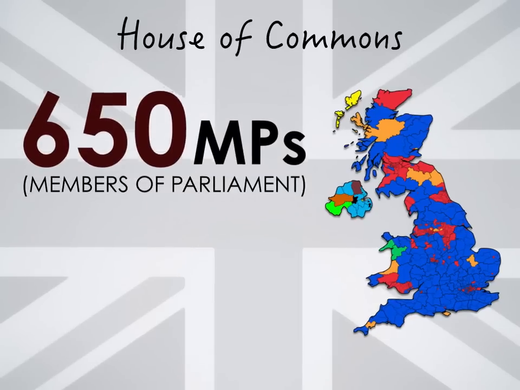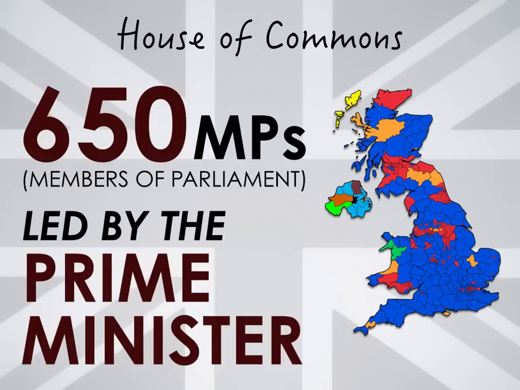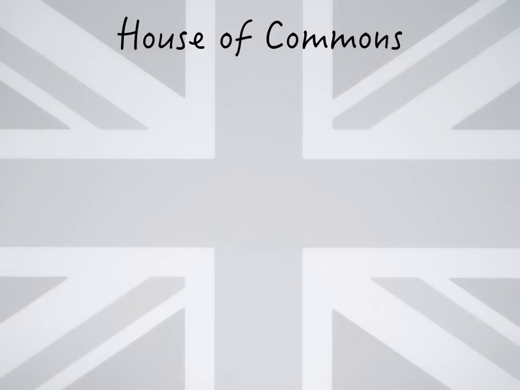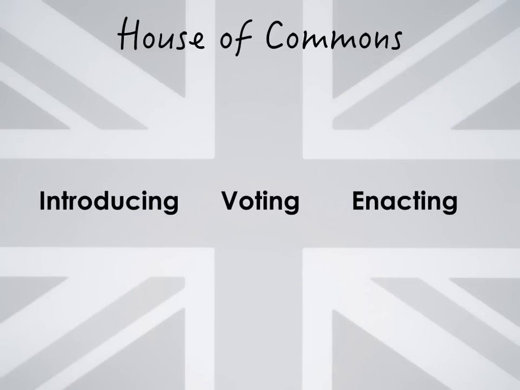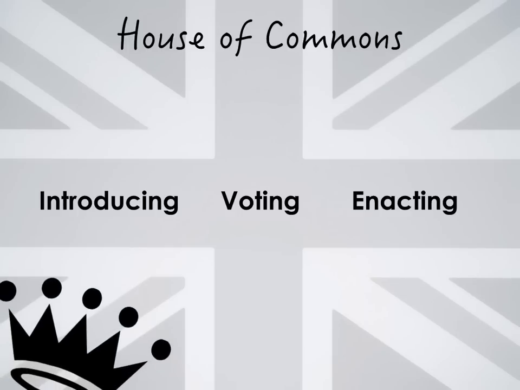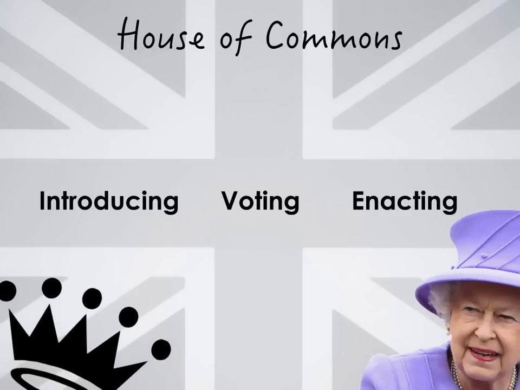The Commons is led by the Prime Minister, who is both the head of government and the leader of the majority party. With only a few caveats, the House of Commons is the body responsible for introducing, voting on, and enacting policies. Its power is only checked by the threat of a delay from the House of Lords, or a highly unlikely veto from the Queen. And by highly unlikely, I mean it hasn't been done since 1706 unlikely.